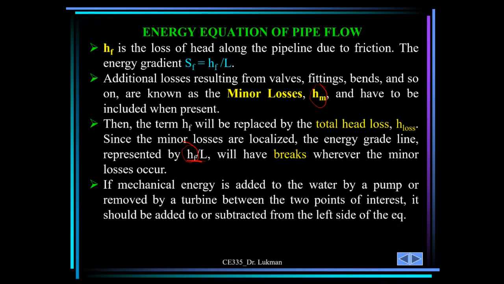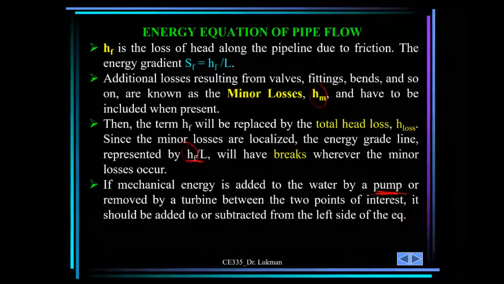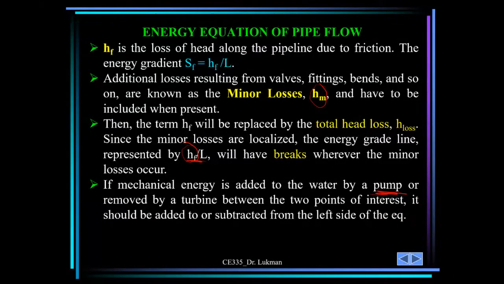If mechanical energy is added to the water by a pump or removed by a turbine between the 2 points of interest, it should be added to or subtracted from the equation. A pump adds energy, and turbines subtract energy from the moving fluid.